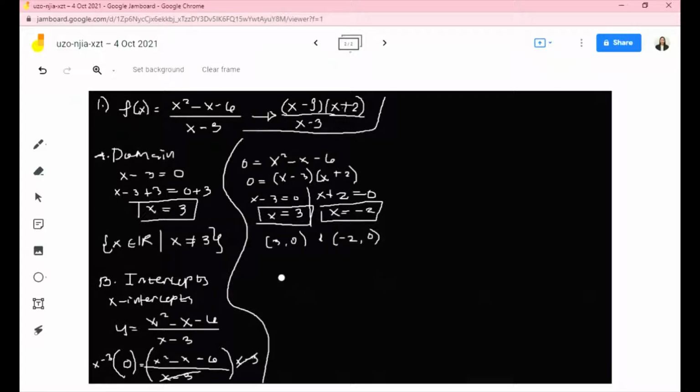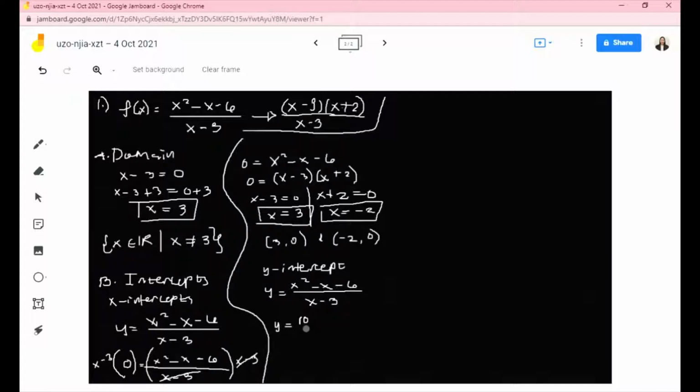Okay. Now let's continue for the y-intercept. Let's write down first the function. Replace f of x with y. So y is equal to x squared minus x minus 6 all over x minus 3. Now let's substitute 0 for all of our x.